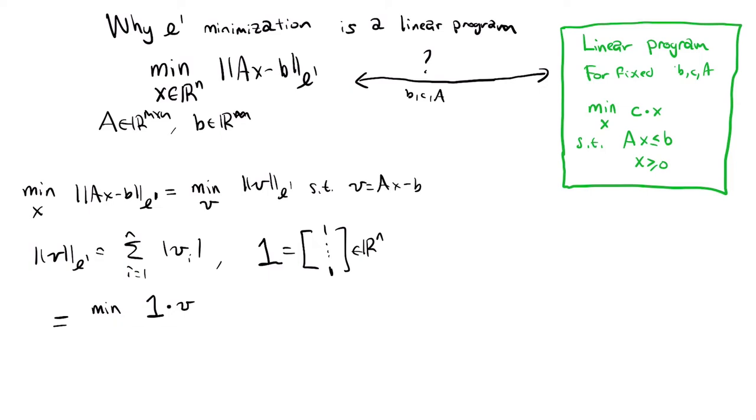Sorry, not over v, over an auxiliary vector t, such that the absolute value of v_i is less than or equal to t_i, and that v equals Ax minus b.